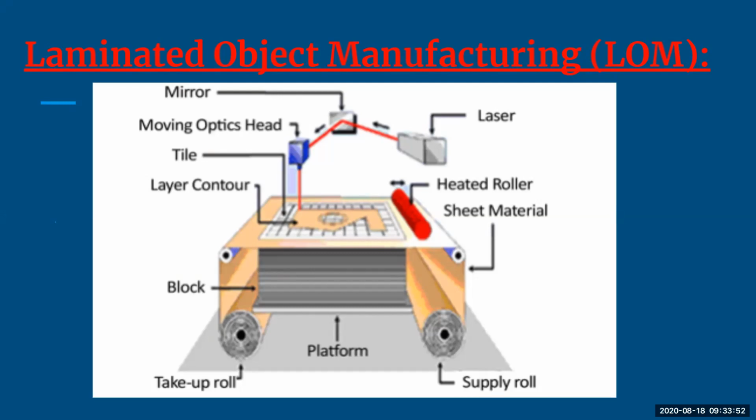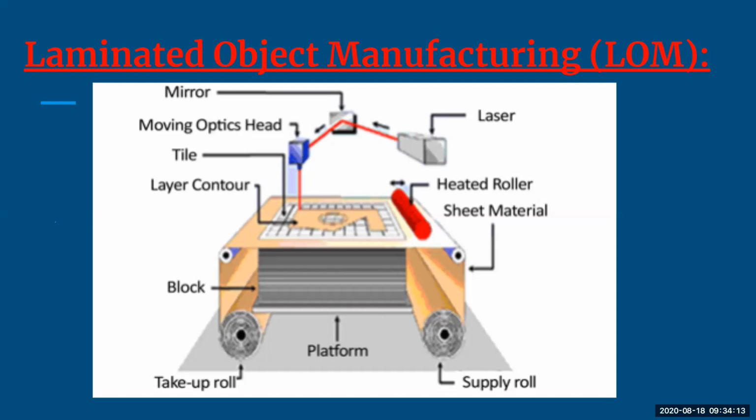Here you can see there is something called a take up roll, which will take your individual sheet. If your sheets get over, then it will be supplied using your supplier roll. Platform is nothing but a bed, you can say, where your material is held. Block is nothing but the block of materials which are there. Then there is a heated roll.